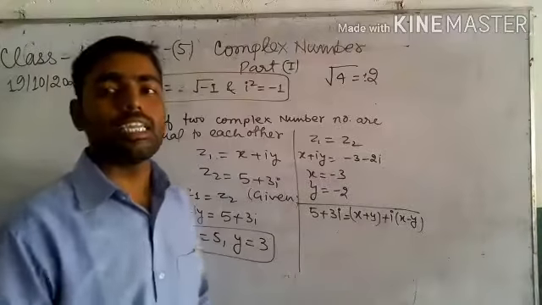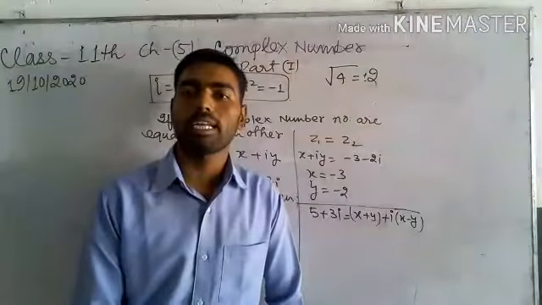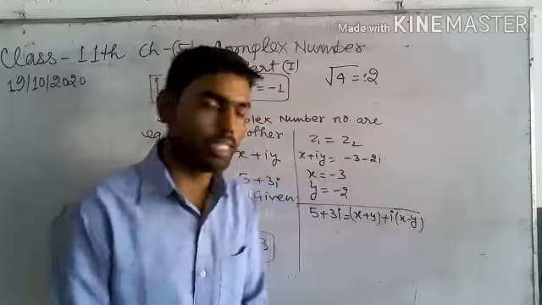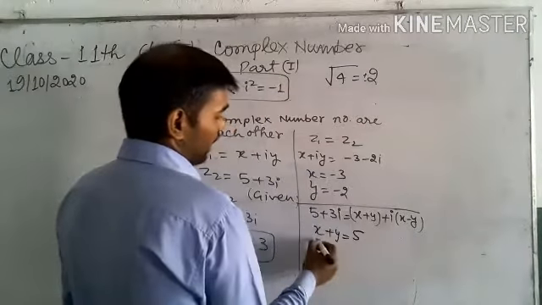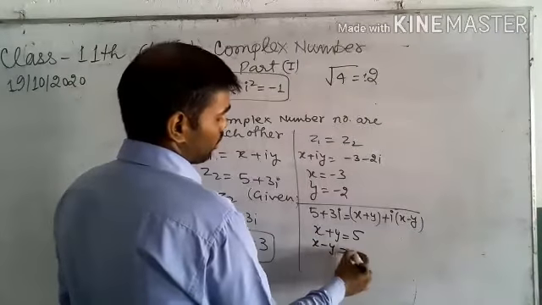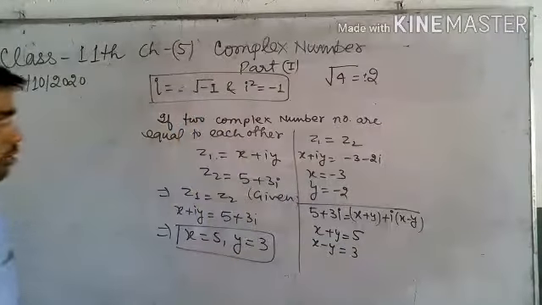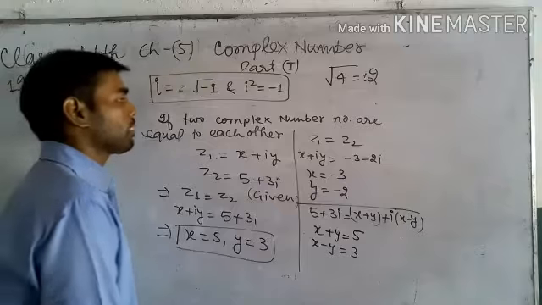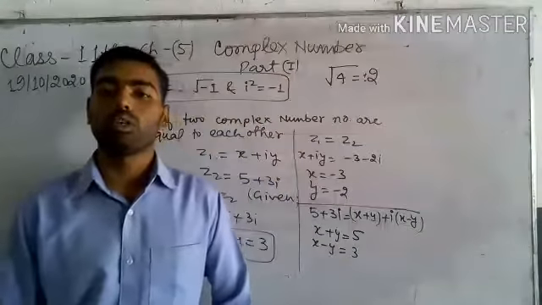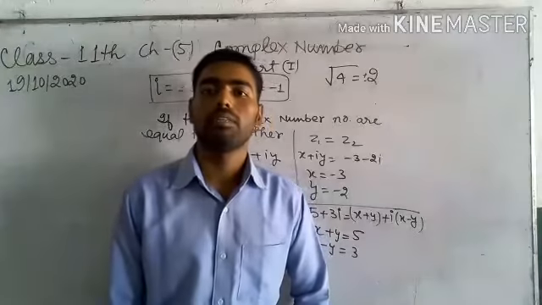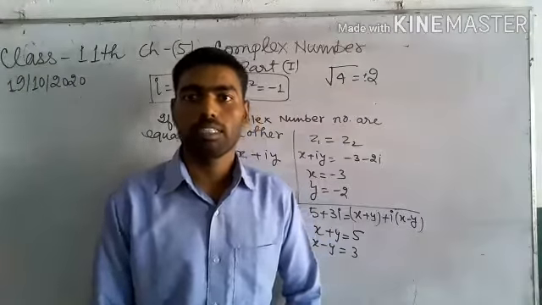It means real part is equal to real part and imaginary part is equal to imaginary part. It means x plus y is equal to 5 and x minus y is equal to 3. So these are some examples. If two complex numbers are equal to each other, then the real part is equal to the real part and the imaginary part is equal to the imaginary part.